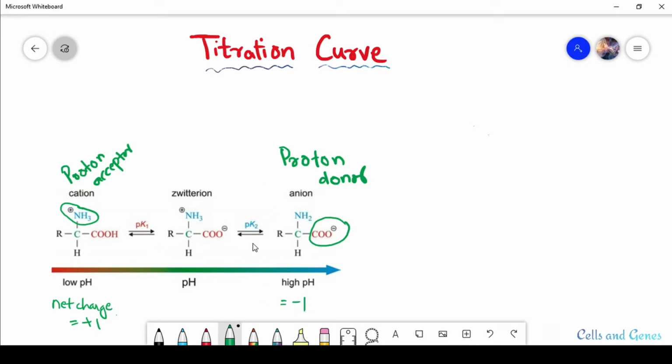And the Zwitter ion has no charge, so the net charge is equal to 0.